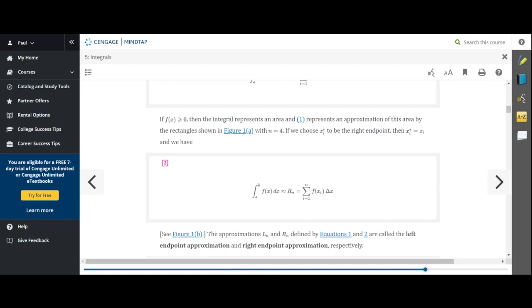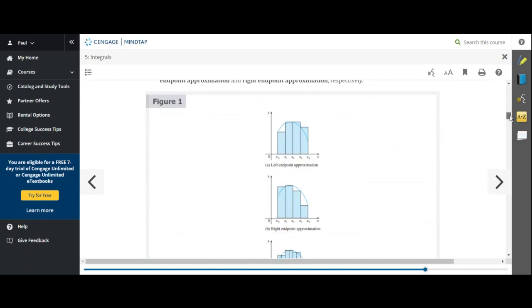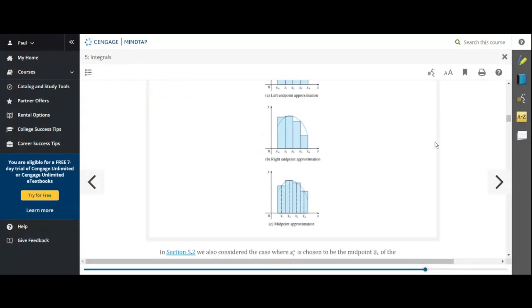Well, you know, Tina and Sergio, the midpoint approximation could give a better estimate. What they're referring to is if you look at the C figure here, they're approximating the area under the curve using the midpoint approximation.